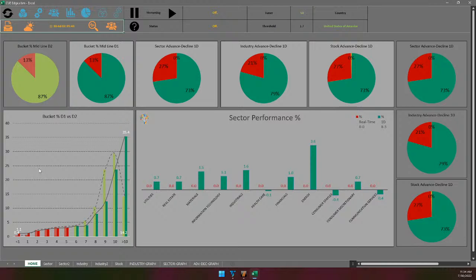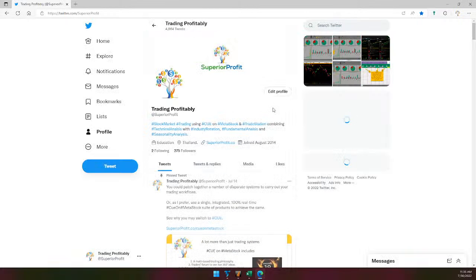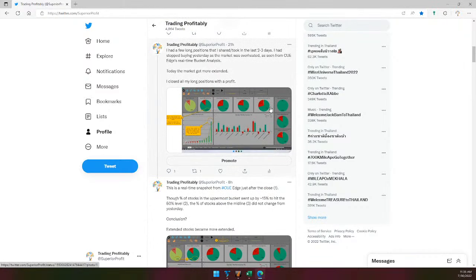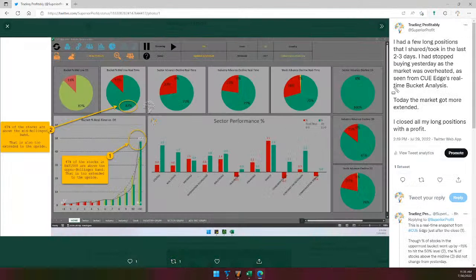And if we look at the bucket analysis, let me go to my Twitter page, Twitter handle Superior Profit. On Friday, I was watching the bucket analysis, and around 2 p.m. Eastern Standard Time I mentioned that I had a few long positions that I shared and took in the last 2-3 days starting from Wednesday.